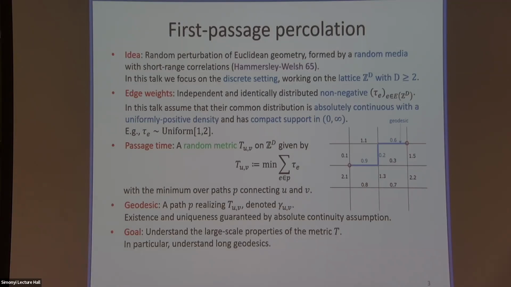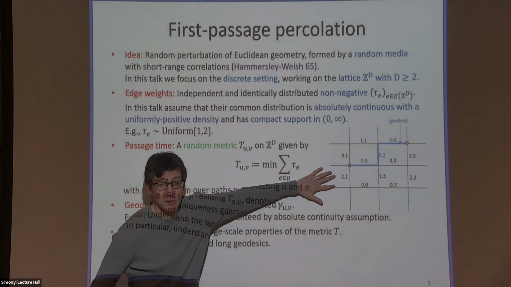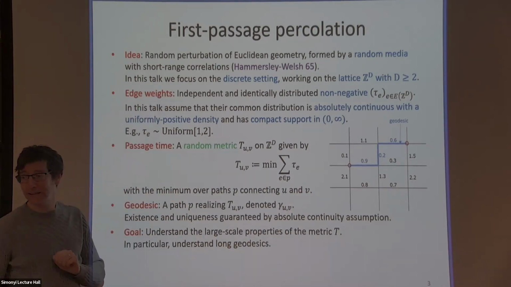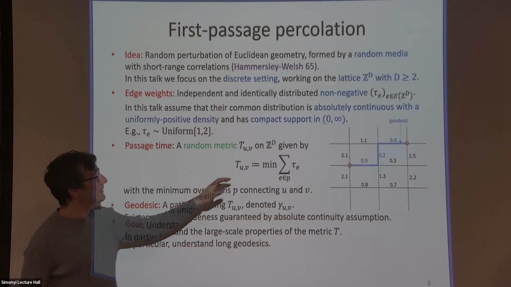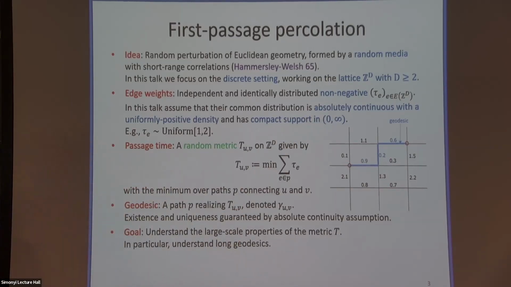We're going to take the Z^d lattice, and to each edge of the Z^d lattice, we're going to give a weight. The weights will be independent and identically distributed. What is important is that they are non-negative. It is the capacity or the length or the energy of an edge, as you prefer to think about it.